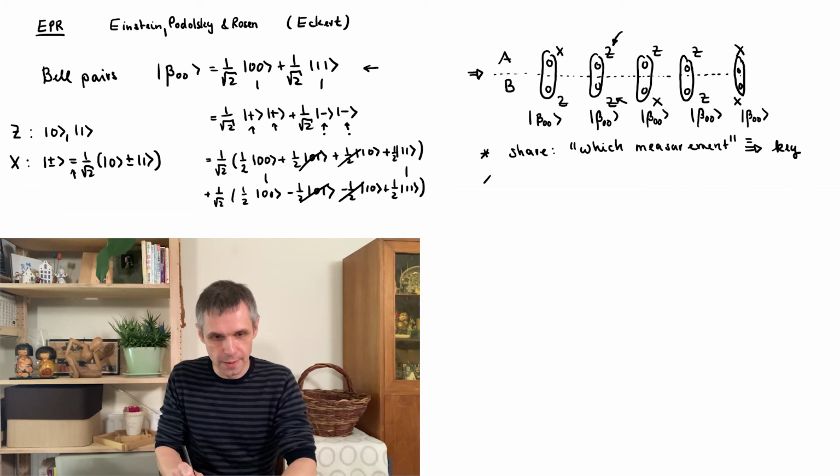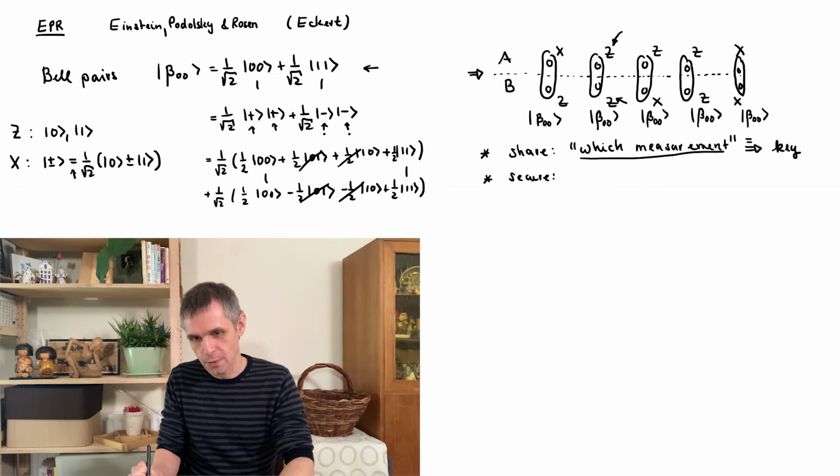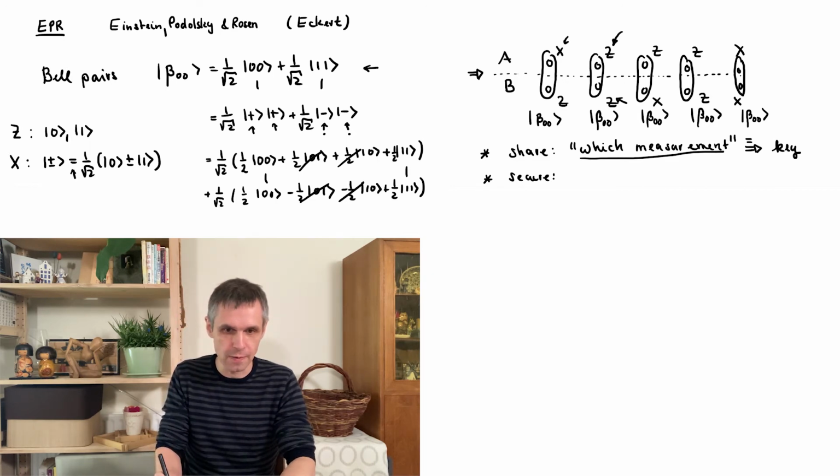So this is secure again in the combination of two aspects. And the first one is just as in the other protocol, because all that Alice and Bob are sharing are the type of measurement. So just sequences of X and Z, and these do not correspond to the measurement outcomes that they have, so they're completely independent of this.